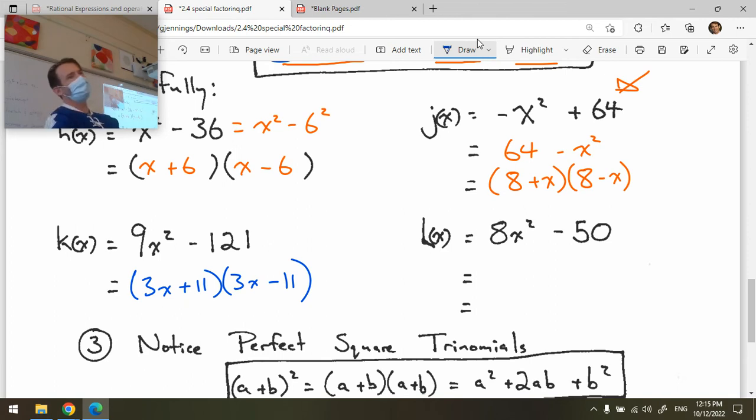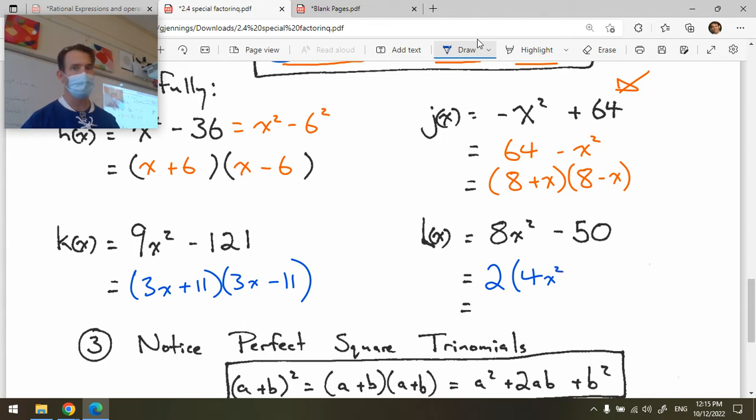What is it? Show me the number of fingers that are common to both 8x squared and 50. 2. 2 is common to both. So let's factor out the 2 first. We don't want to forget lesson number 1 of today, which is always common factor first. It always simplifies things. 2 times 4x squared.